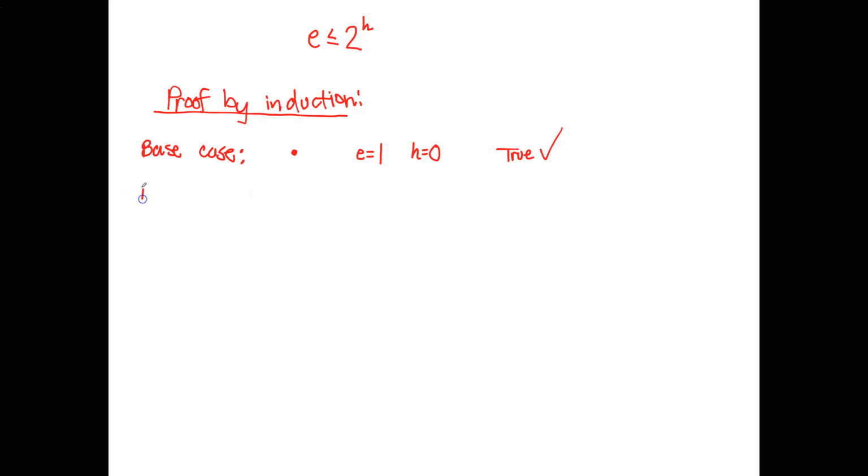So now we have to show that this is also true for, let's call this our inductive step. So we're going to start off by assuming this is true for the left tree and the right tree.